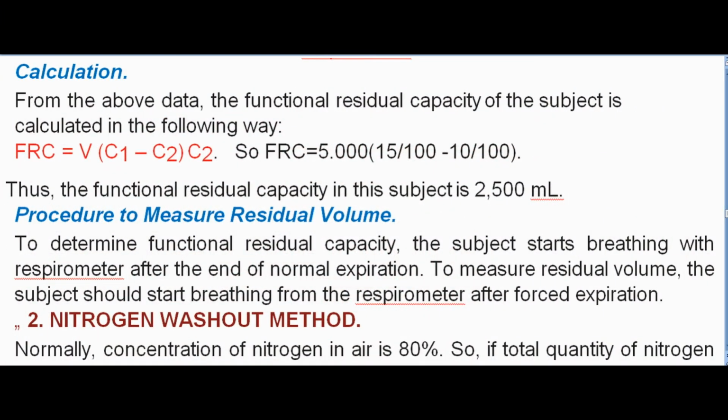From the above data, the functional residual capacity of the subject is calculated in the following way: FRC = V × (C1 − C2) / C2 = 5,000 × (15/100 − 10/100) / (10/100). Thus, the functional residual capacity in this subject is 2500 ml.